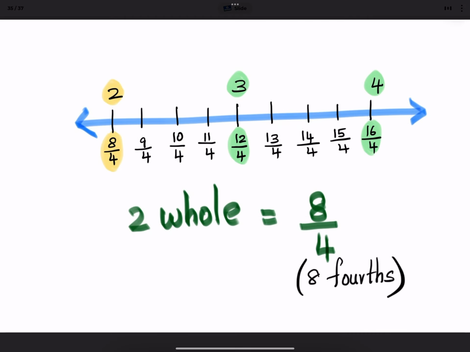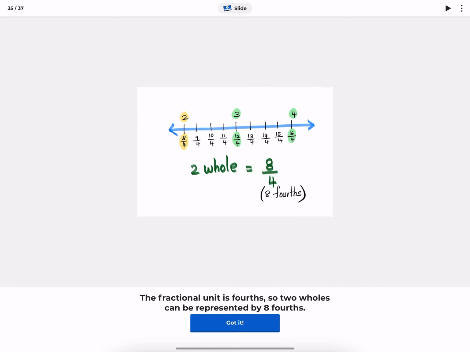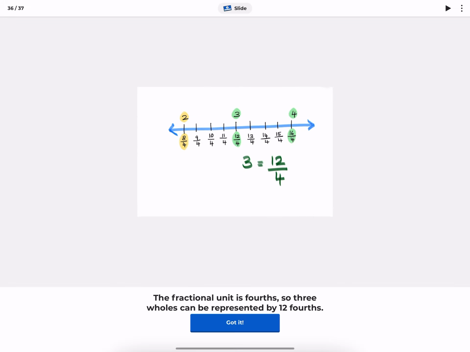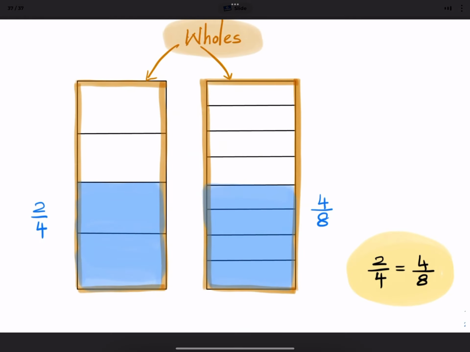The fractional unit is fourths, so 2 wholes can be represented by 8 fourths. The fractional unit is fourths, so 3 wholes can be represented by 12 fourths. When comparing fractions, it is important to draw the wholes in the same size.